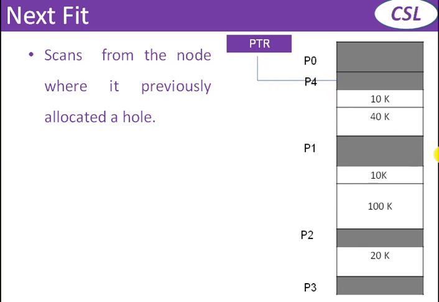Now a new request comes, P5 with size 5K. In first fit, for this P5 we would start from the starting partition, but here we have a pointer that points to the previous area, so we start from the next partition. The next partition is 10K, which is big enough for 5K, so it can be accommodated in that partition.